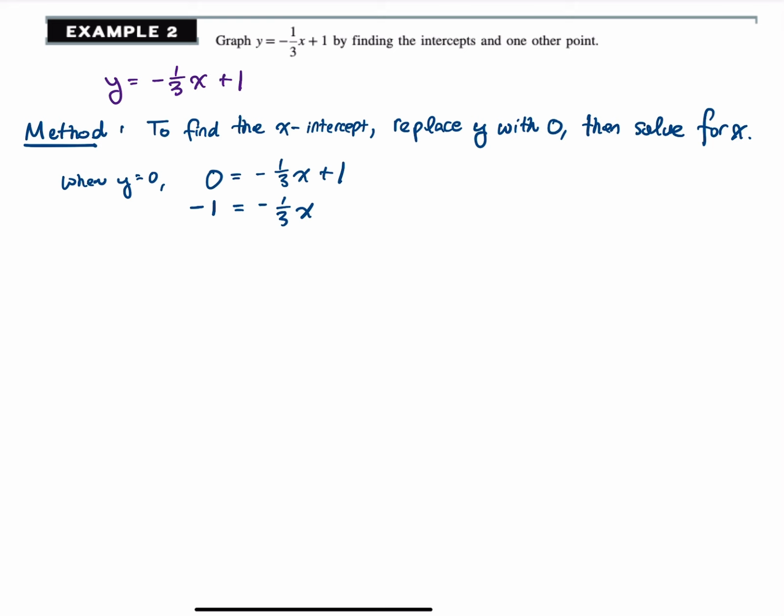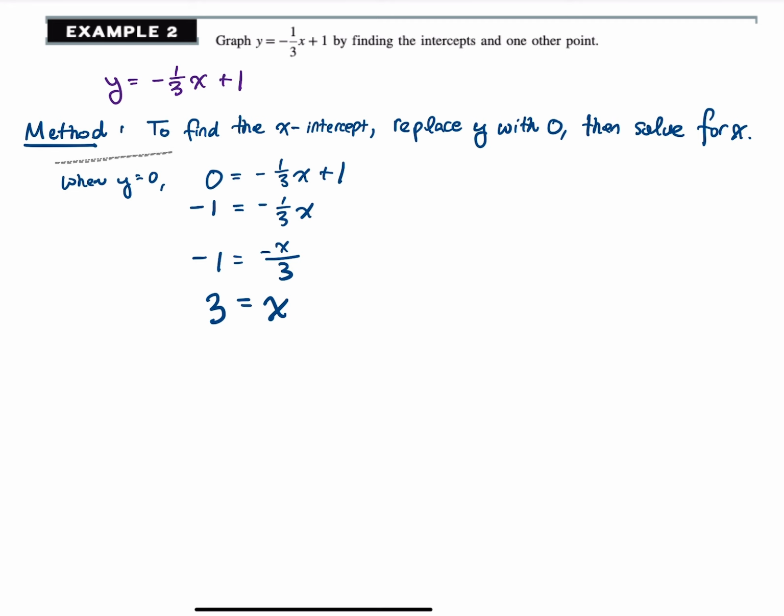It might be easier to see this as like negative x divided by 3. We can move the x up in that numerator. And it's a little bit easier to see that I want to multiply the 3 over to the other side. And let's multiply by negative 3, so we'll deal with the negative at the same time. So this will turn this into a positive 3 over here, because negative 3 times negative 1 makes it positive 3. So negative 3 equals x.